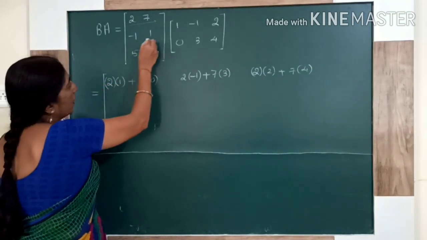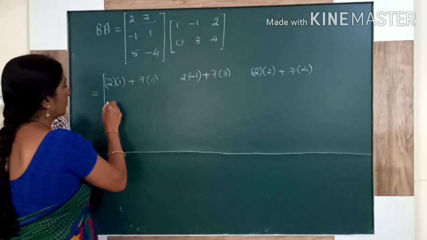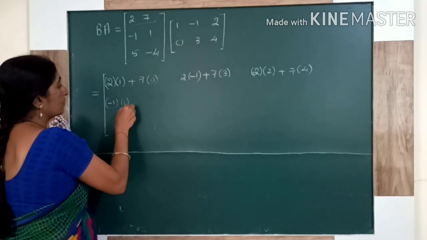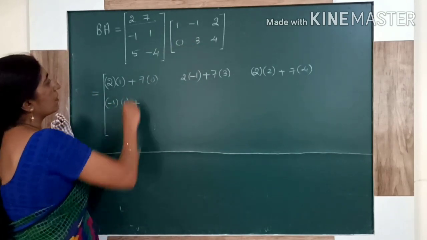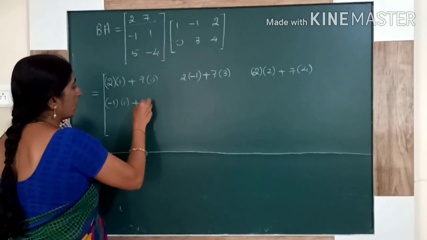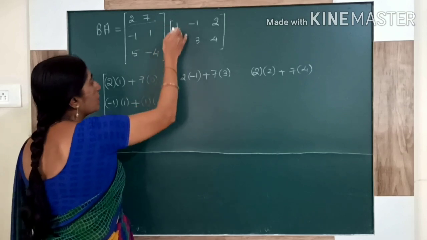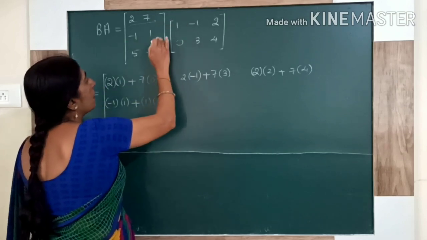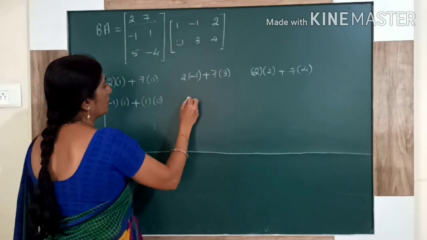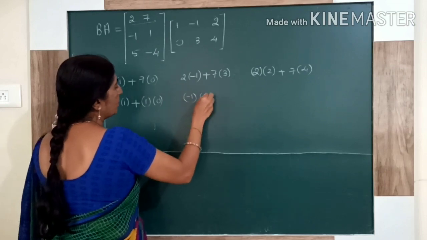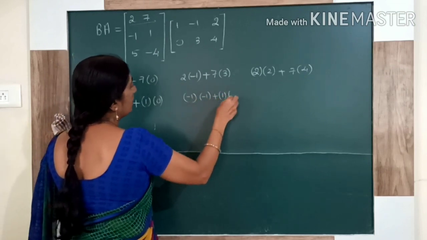Then second row with first column. Corresponding elements. Second element is 1 into 0. This completes the second row with first column. Then second row with second column, corresponding elements.